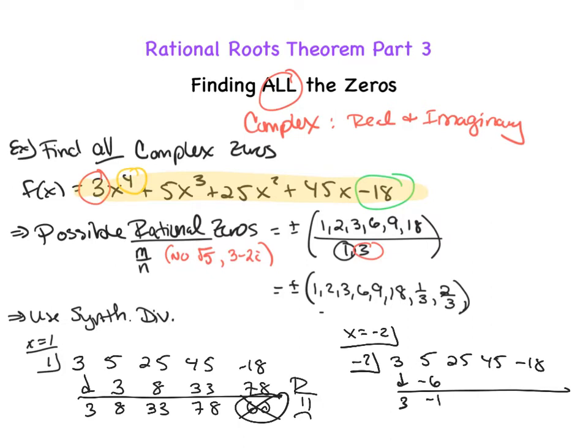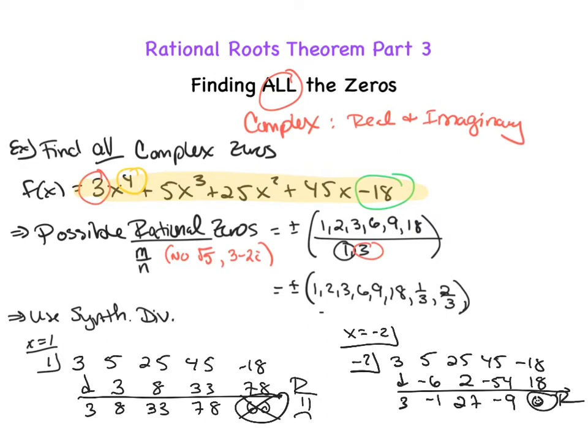Plus 5 is negative 1. Negative 1 times negative 2 is positive 2. 25 plus 2 is 27. 27 times negative 2 is negative 54. Negative 54 plus 45 is negative 9. And negative 9 times negative 2 is, yay, positive 18, which gives us a remainder of 0.